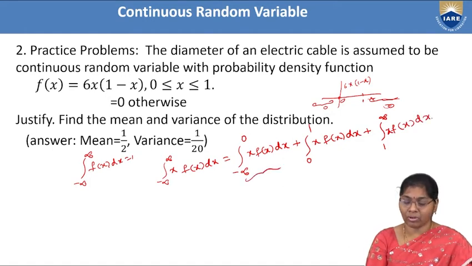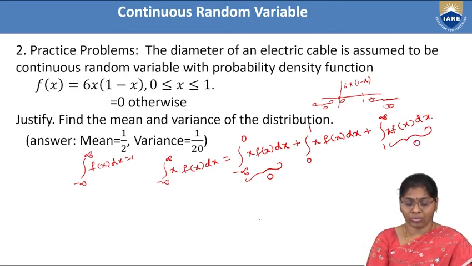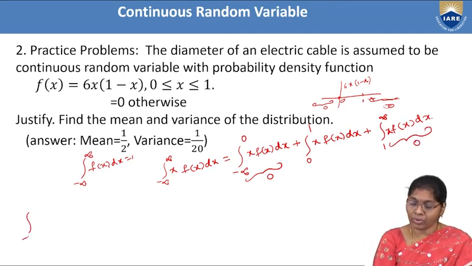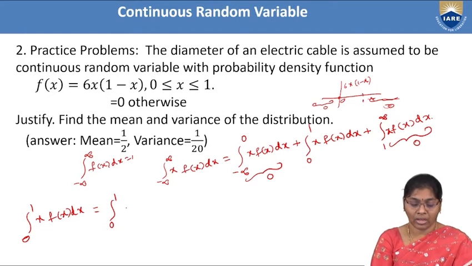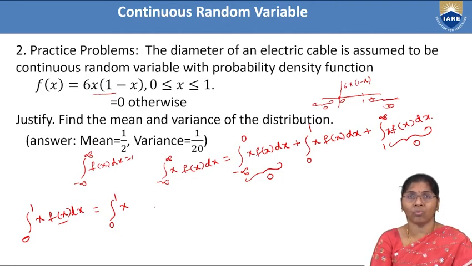Here the first term is completely 0 and the last is also completely 0. Only integral 0 to 1 of x f of x dx remains. Here x is as it is, and f of x is 6x into 1 minus x.